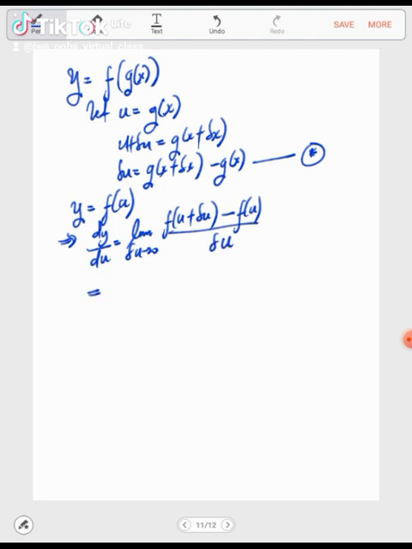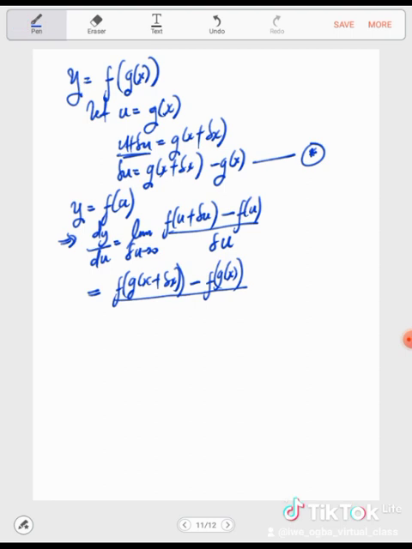And with that, what do we use? You can write that as f of g of x plus change in x minus f of g of x, divided by change in x.